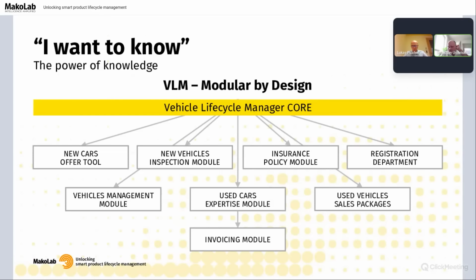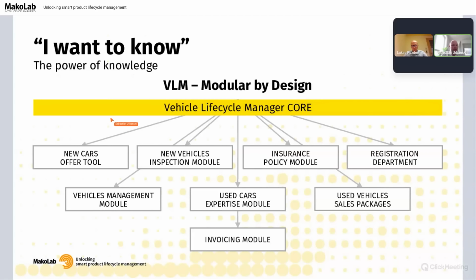I will also try to focus, because this is a modular tool, and I will try to show you one of the modules that is really important from our perspective. We are calling this the used car expertise model. It's related with the diagnose.